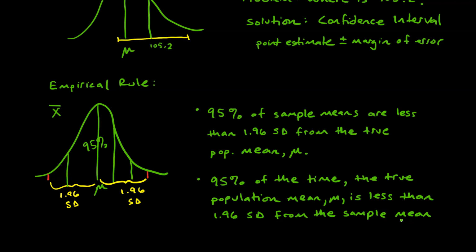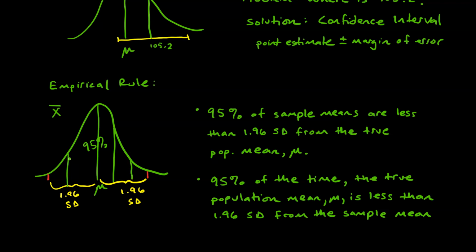And so if you again look at this sample mean, you start at the sample mean, can you see that in this case, the true population mean mu is less than 1.96 standard deviations from my sample mean if it was right here? Or if my sample mean is right here, that the true population mean mu is less than 1.96 standard deviations from this?